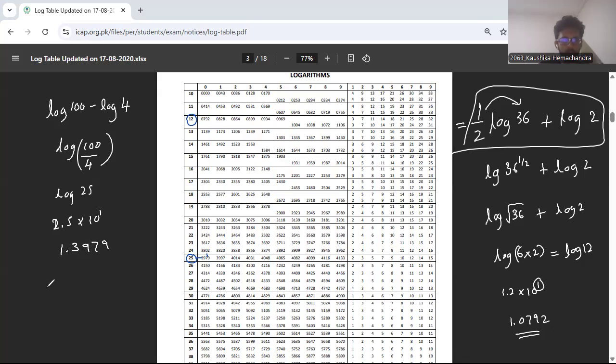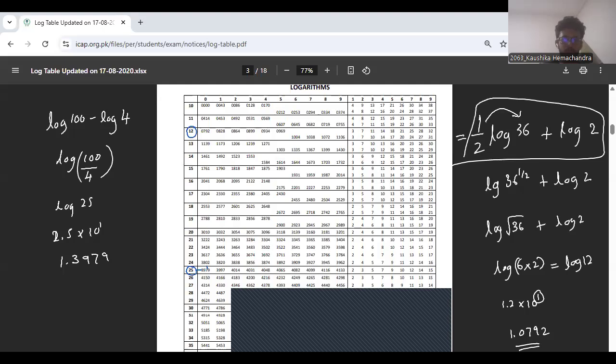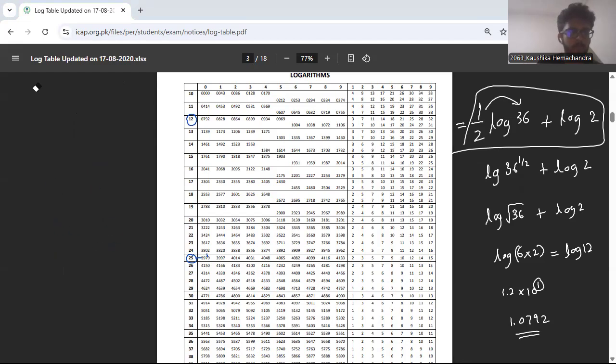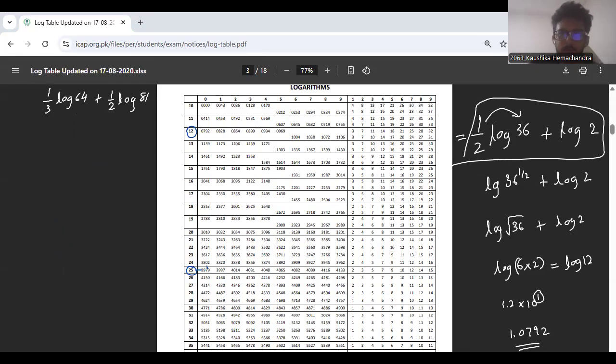Let's do the seventh one. 1/3 log 64 plus half log 81. No? Was it 81? Yeah, half log 81.